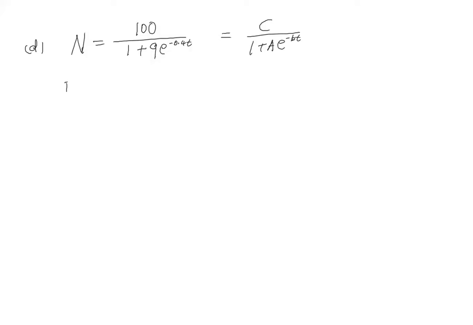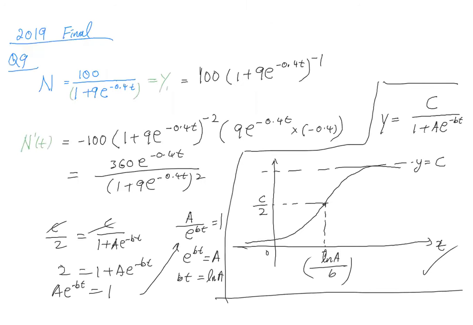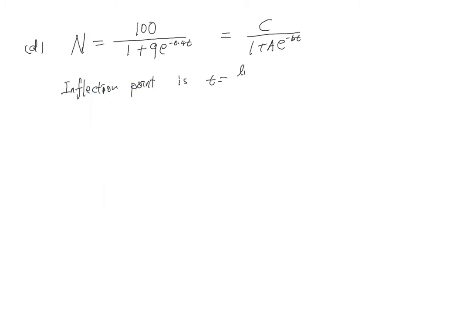So the inflection point is t equal to, okay, go back to that one. You can straight away use ln a over b. So ln 9 over 0.4, this is your b. So you get the answer. 1 mark. Are you okay?